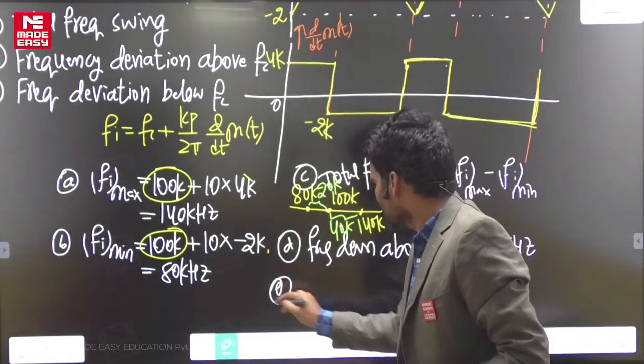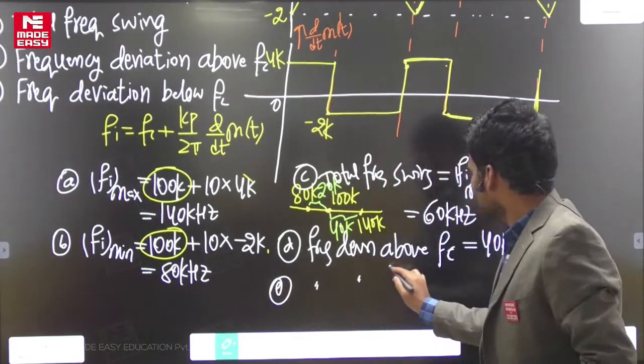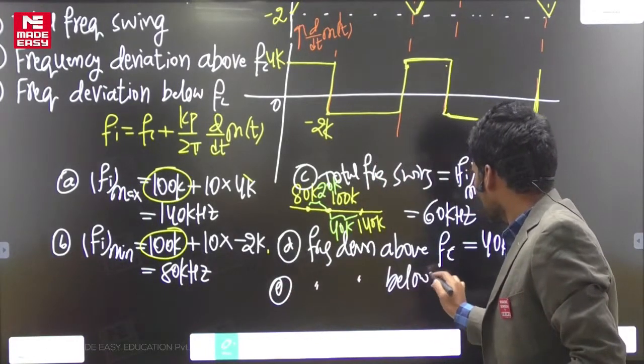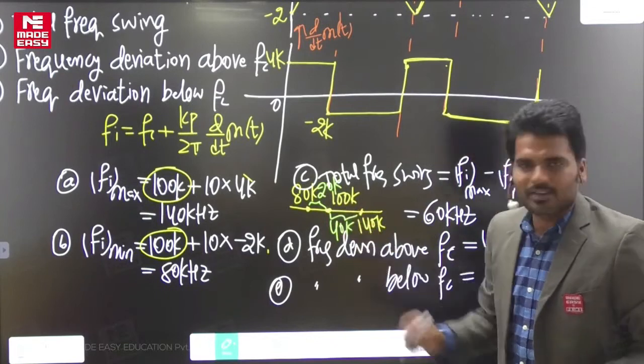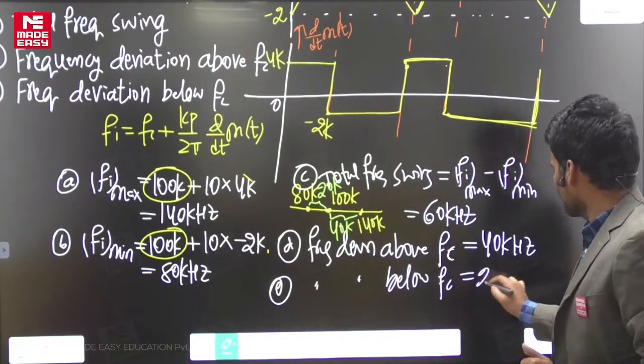And if you see E, if the question is frequency deviation below Fc, what is the amount of frequency deviation below Fc? That is 20 kilohertz.